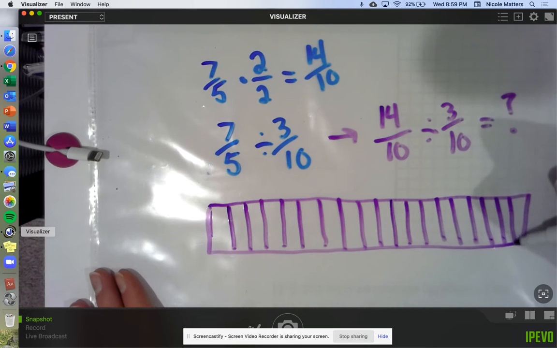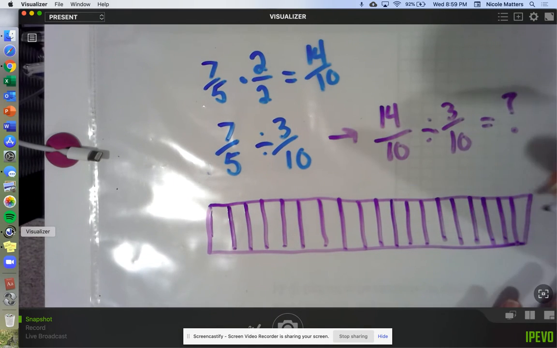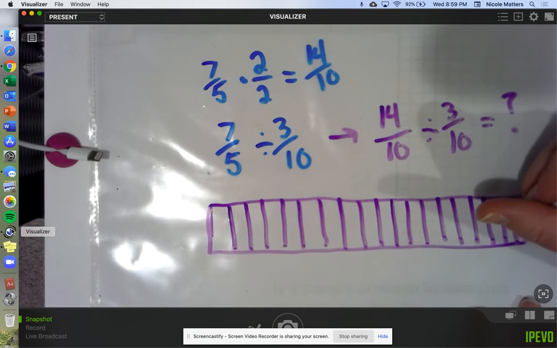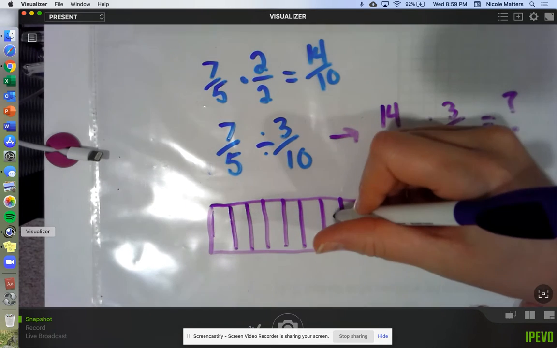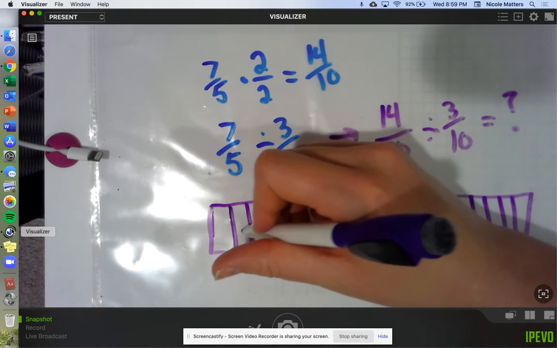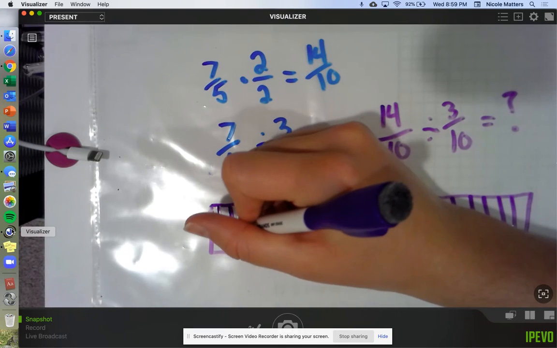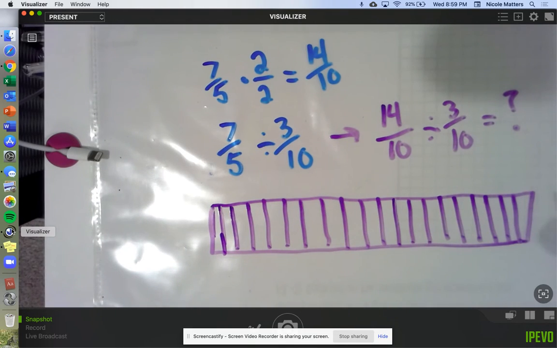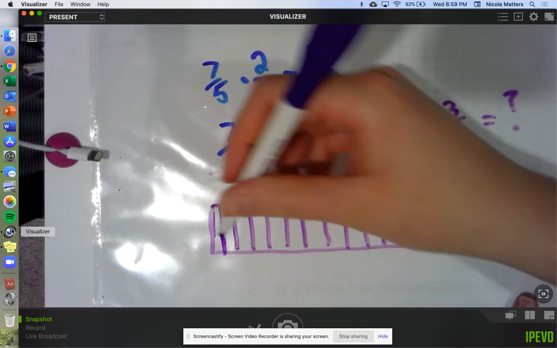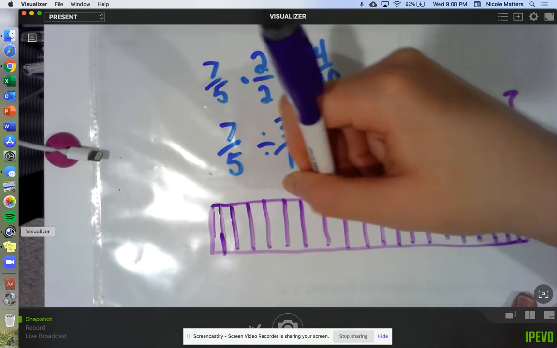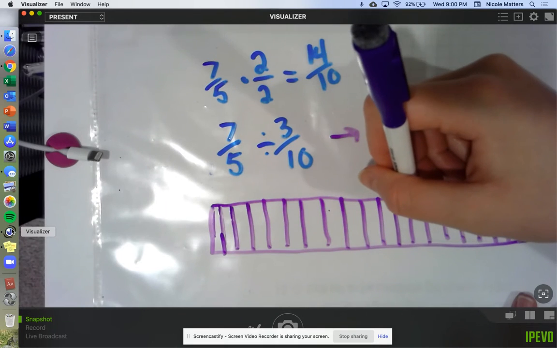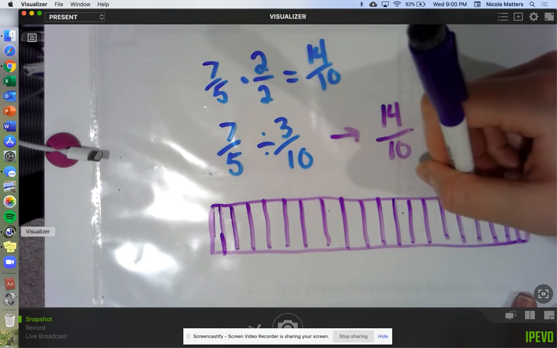So let's make sure I have 20 parts here, because I counted in groups of 10 twice. 1, 2, 3, up to 20. Okay, we're good to go.